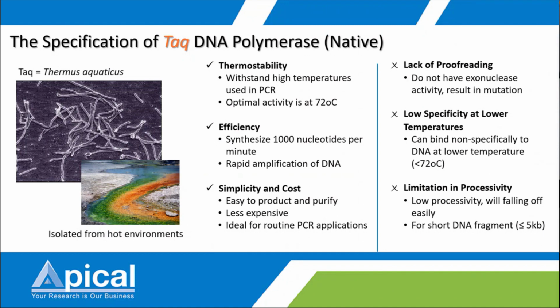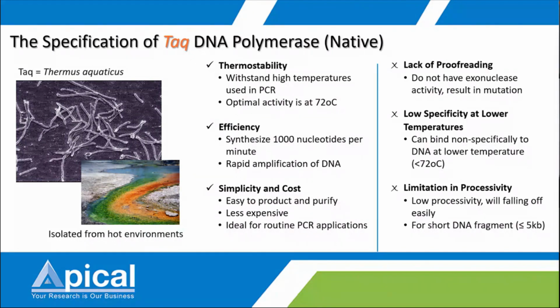Okay, so Taq DNA polymerase can synthesize DNA quickly by adding around 1,000 nucleotides per minute. So this enables the rapid amplification of DNA and makes the PCR process faster.